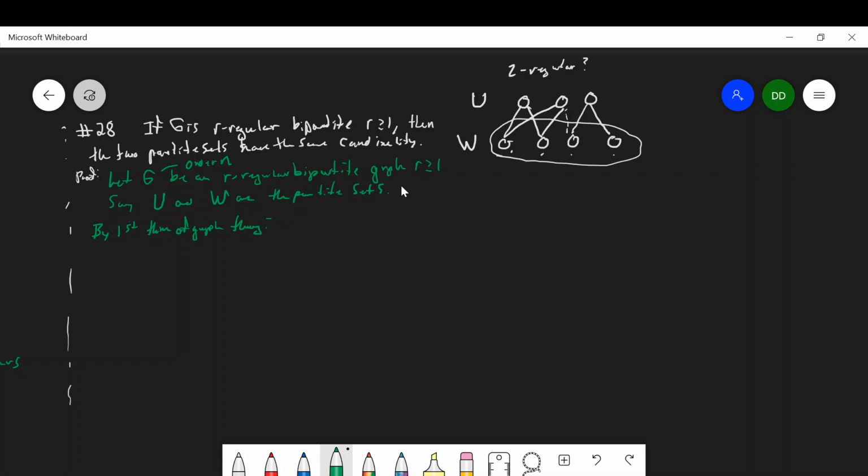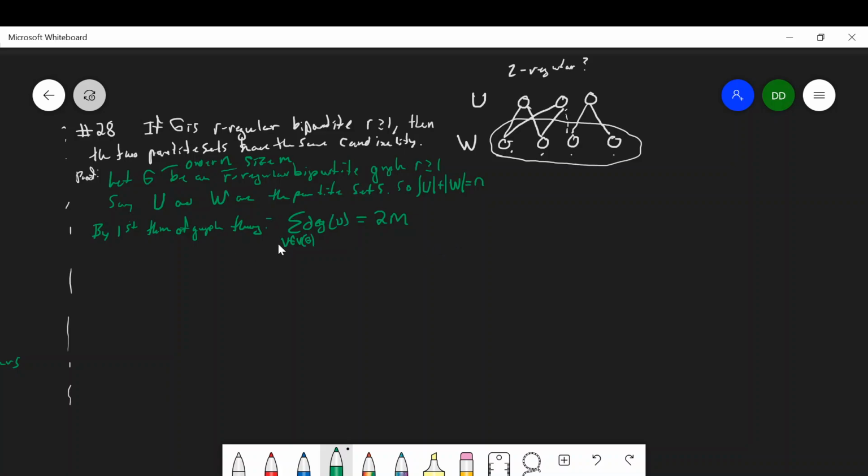So we know that if we add up the number of vertices in U and the number of vertices in W together, that should give us n. So that'll be useful. By the first theorem of graph theory, if I add up the degrees of the vertices over all vertices in the graph, this gives me twice the number of edges. I should say here size m. I should get twice m.